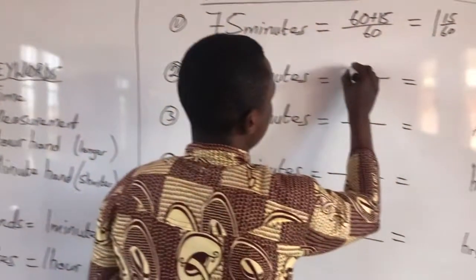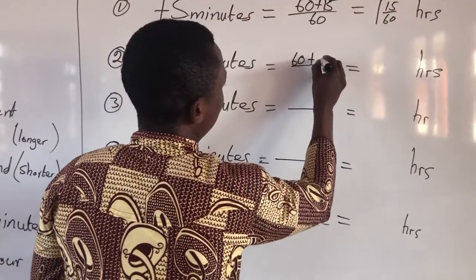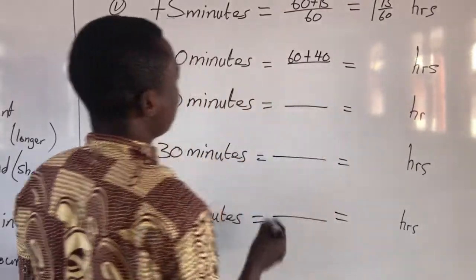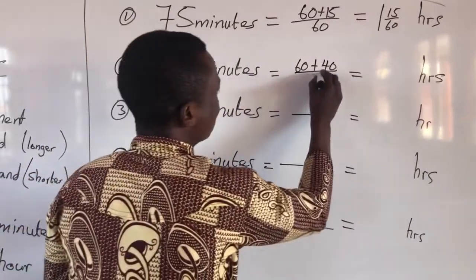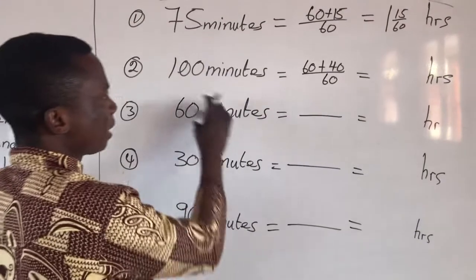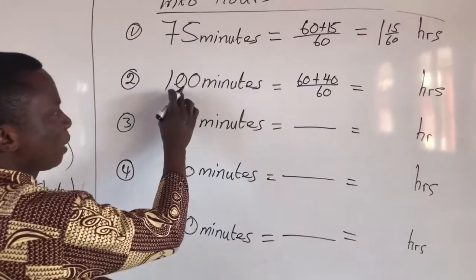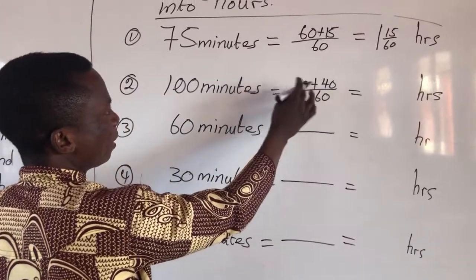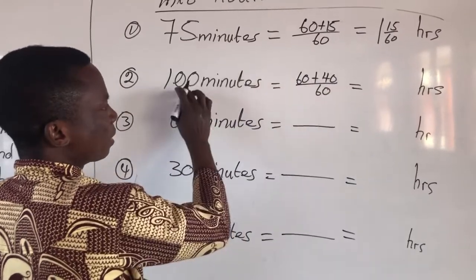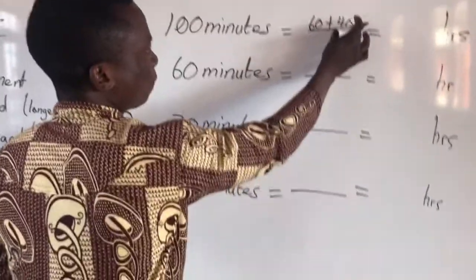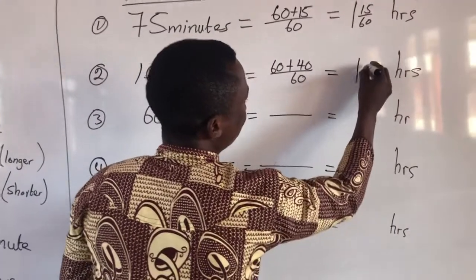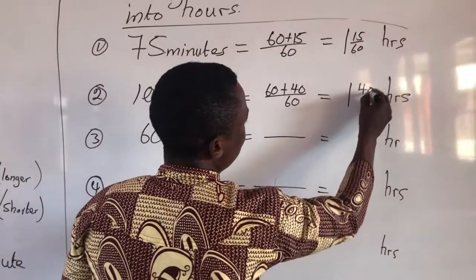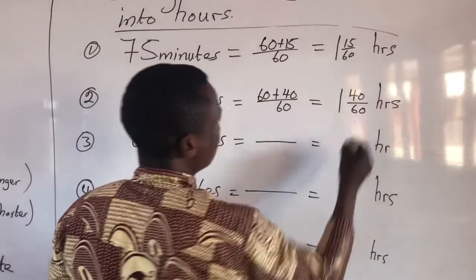So 60 plus 40 will be 100. Then we write our 60 under it. It tells you that 60 will go into 100 one time, and the remainder is what number? 40. So you write 1 whole number 40 over 60.